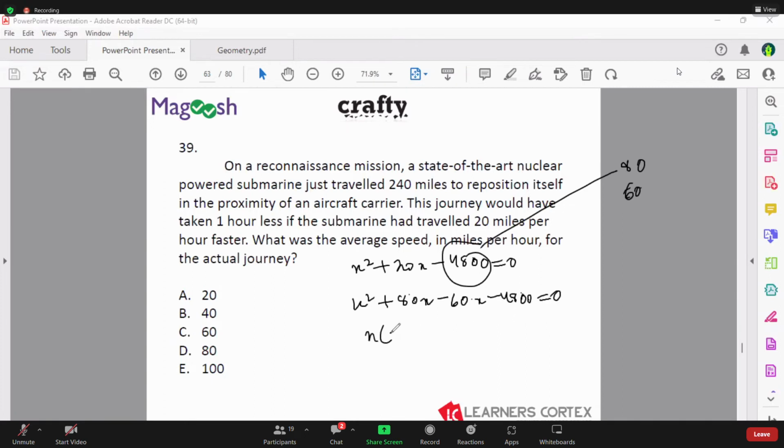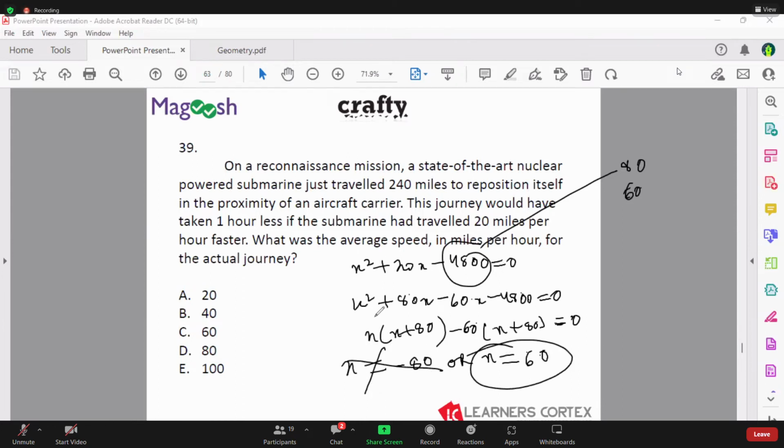So (x plus 80) and (x minus 60) equals 0. So the factors would be x is equals to either minus 80 or x equals to 60. Now the thing is, speed cannot be negative, so this would not be the answer. X is 60. Now it is asking what was the average speed in miles per hour for the actual journey, so that is 60.